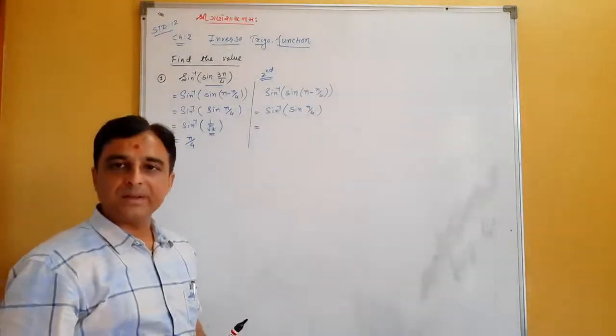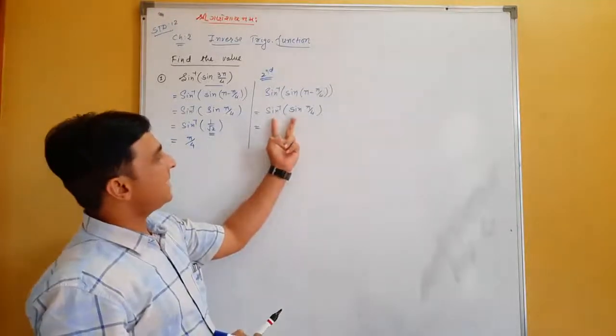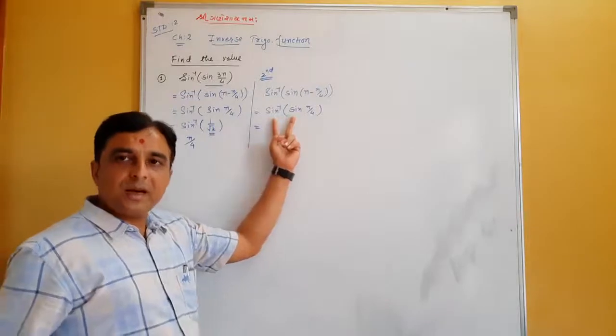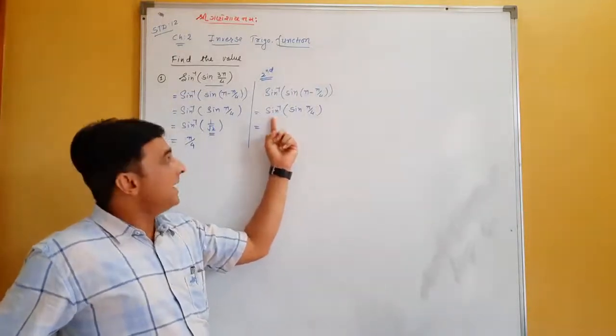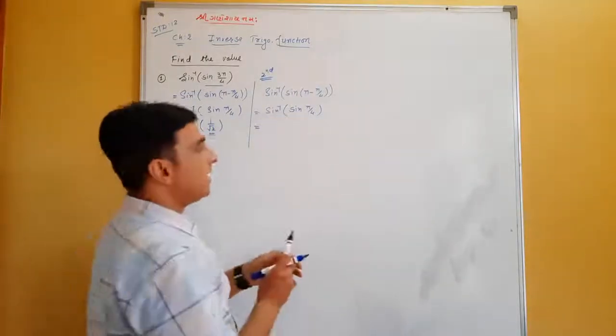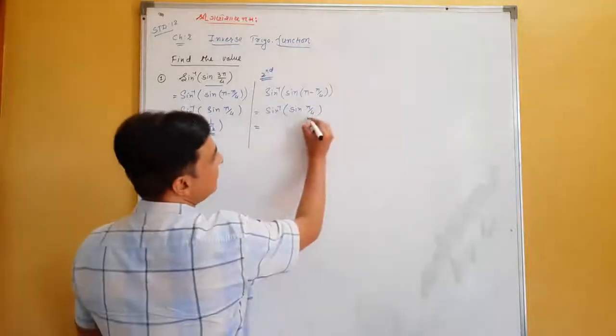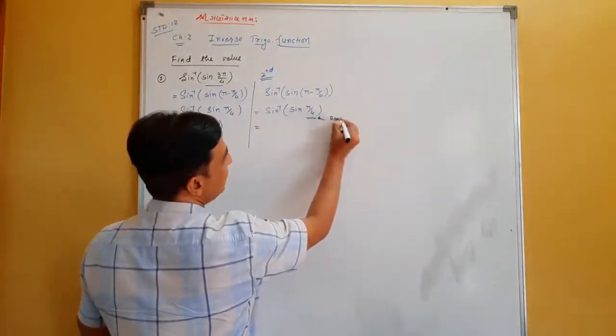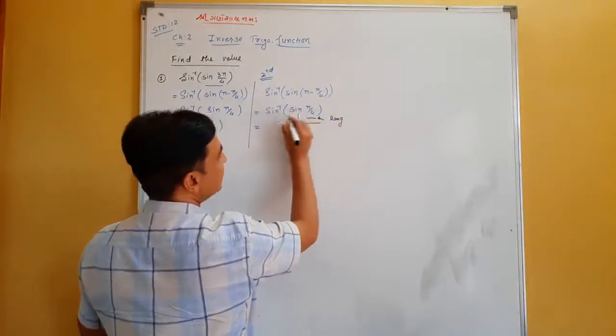Now remember this, once inverse and the original function are together, it is called the composition of two functions. Sine inverse and sine both are together, and this is in range of sine inverse.